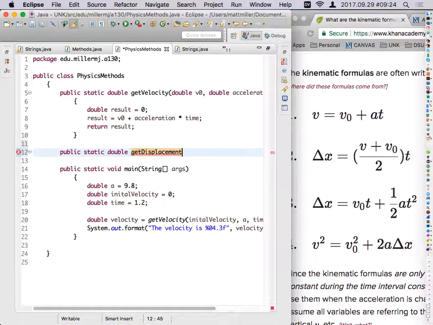What do I need now? Round curly brackets? Round brackets. Yes, parentheses. What are my variables?